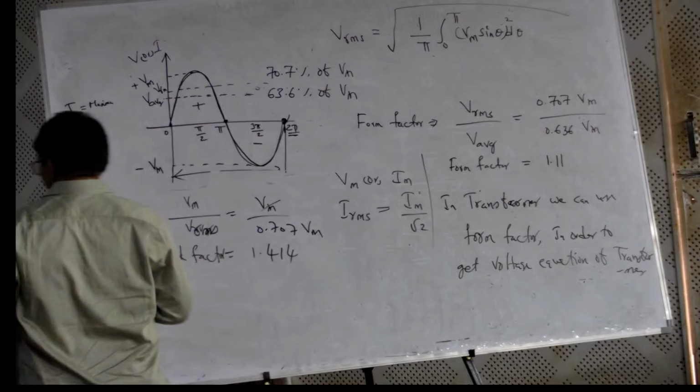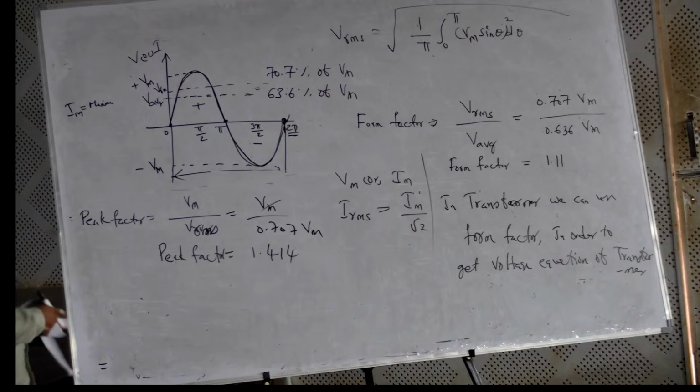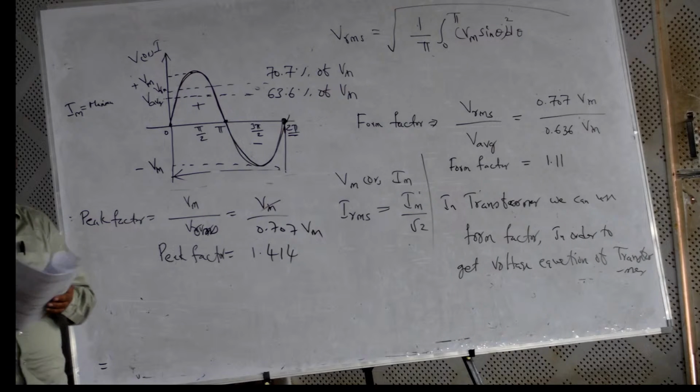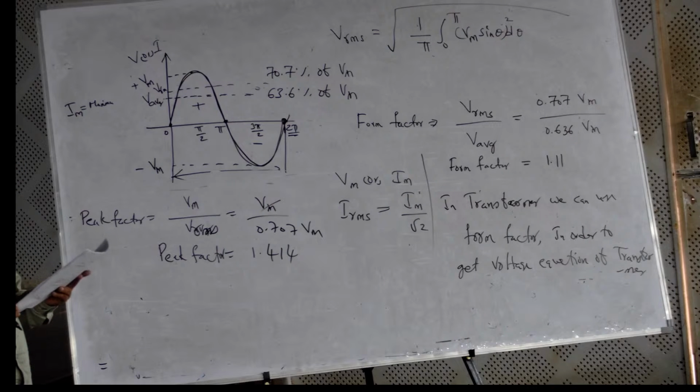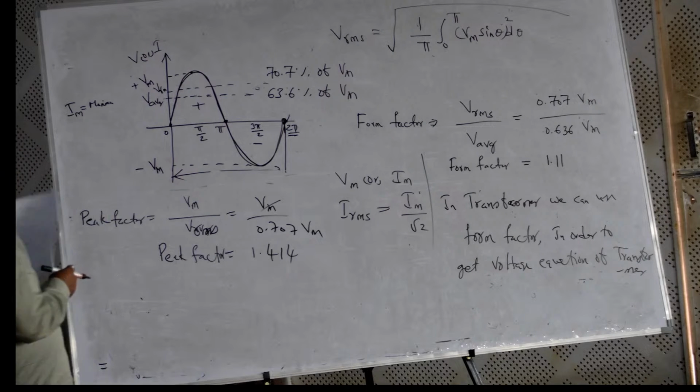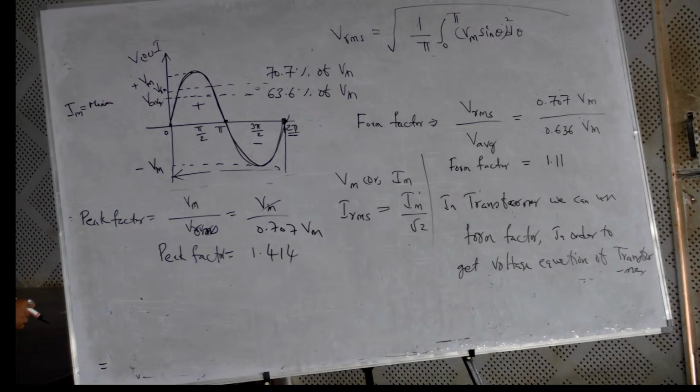As far as your syllabus is concerned, kindly see the syllabus with respect to alternating quantities. In unit 1, DC circuits is over.